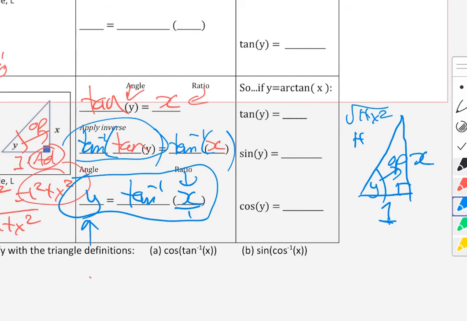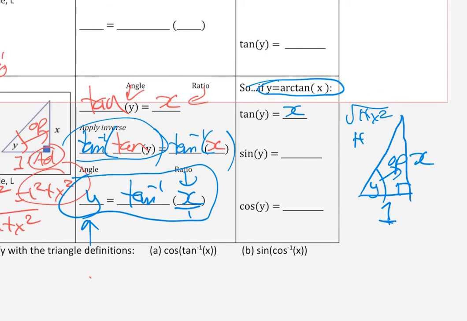And now let's go through and do these. So in this case, tan of angle y, we already know is x. What's sine of angle y going to be? Well, there's angle y there. Sine is opposite divided by hypotenuse.